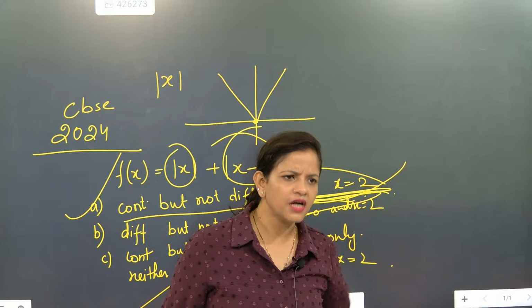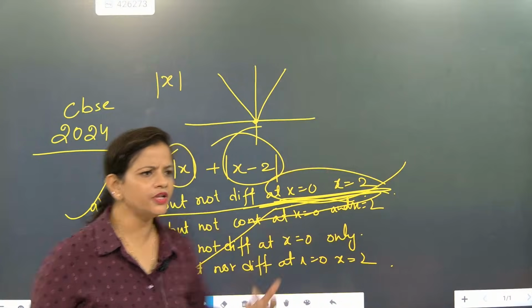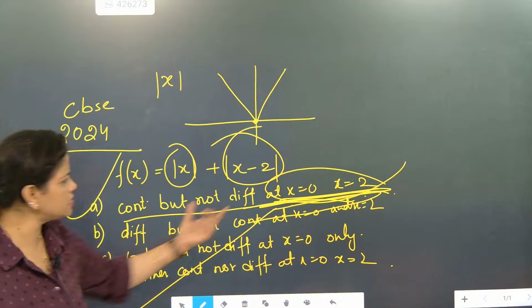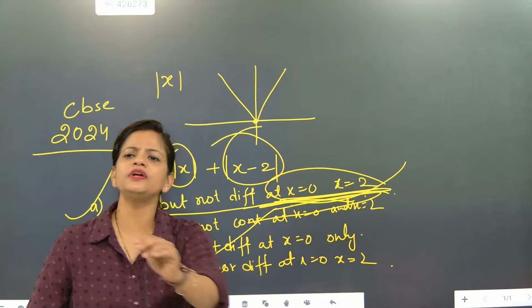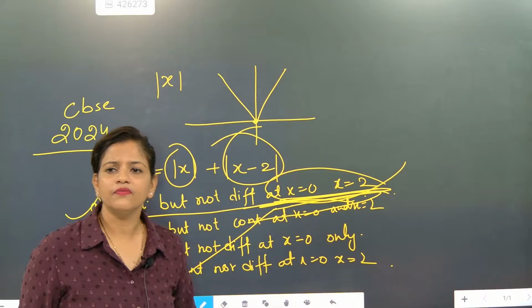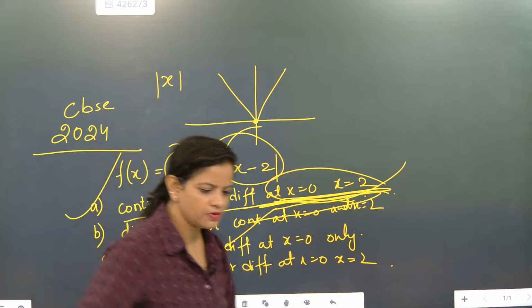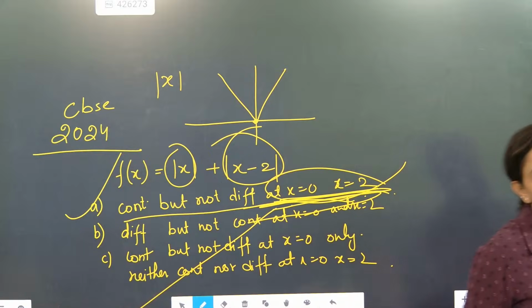Exponential is continuous everywhere. So continuity exists, either at 0 or 2. Differentiability has to be checked, and where is differentiability failing? Where the modulus is touching. That's it. Story over. I rest my case. So shall we go for the next question?